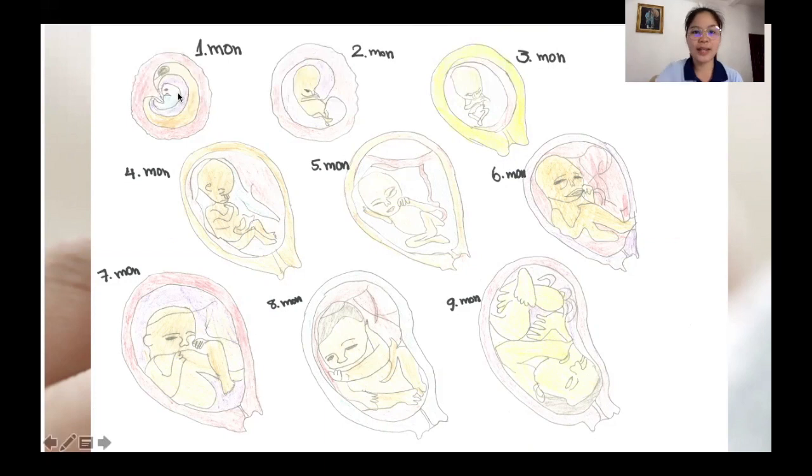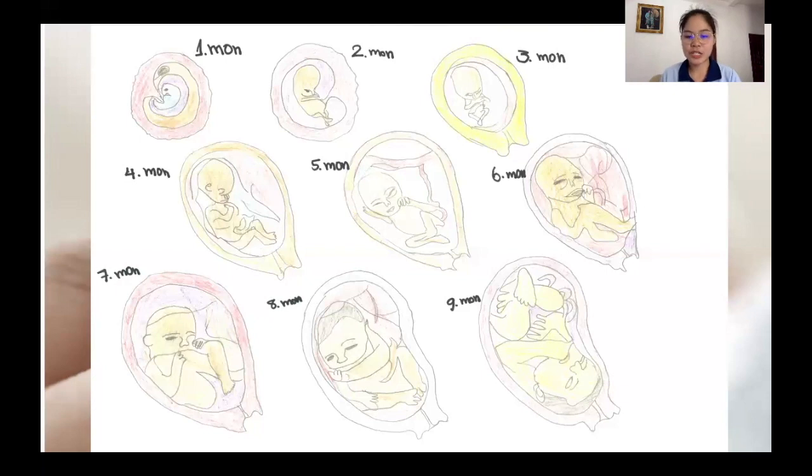As we can see here, the small legs are forming, and the fingers, the toes, and the eyes are also forming. The nervous system, or neural tube, such as the brain, spinal cord, and other neural tissues of the central nervous system, is also well formed.